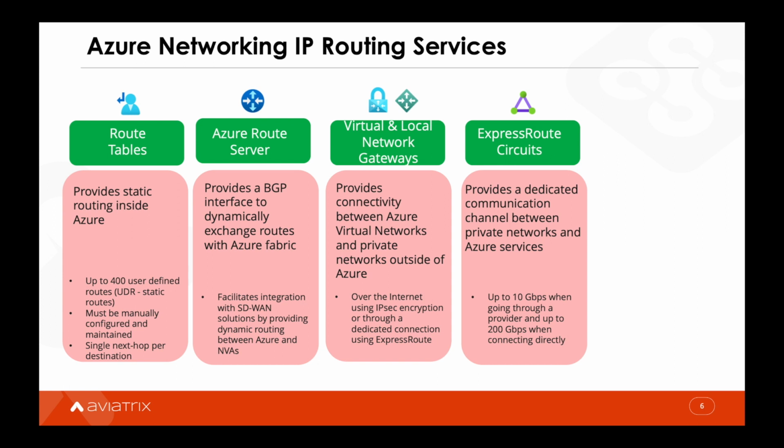But this number is dependent on the circuit SKU, the smallest being 50 megabits per second and the largest being 10 gigabits per second in the case of a provider circuit, or 200 gigabits per second as we discussed for ExpressRoute Direct. However, regardless of the SKU, an ExpressRoute circuit supports up to 1,000 network prefixes being advertised from Azure.